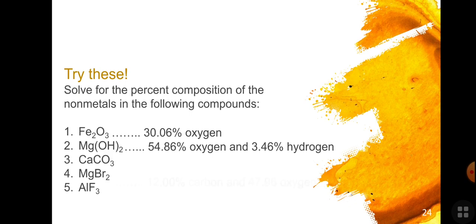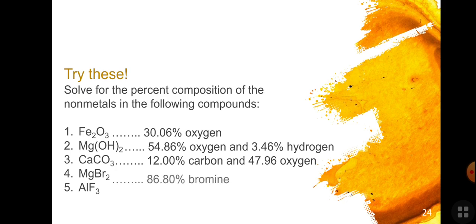Next, calcium carbonate, we have carbon and oxygen: 12% carbon and 47.96% oxygen. Another one, the bromine from magnesium bromide, we have 86.80% bromine, and for our aluminum fluoride, we have 67.87% fluorine. So that is the answer, and I hope you arrived at the correct answer.